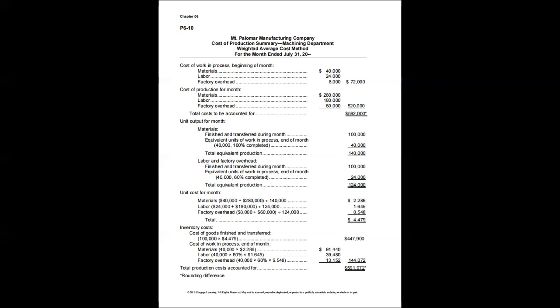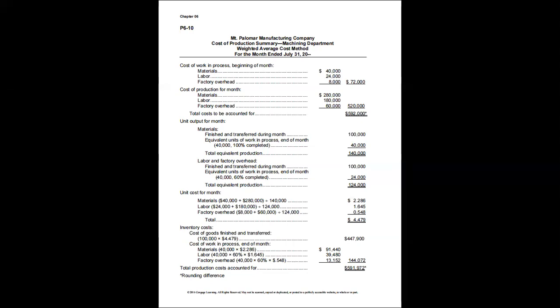Units are lost in the machining department throughout the production process, and inspection occurs at the end of the process. The lost units have no scrap value and are considered to be a normal loss. Production statistics for July show the following data.